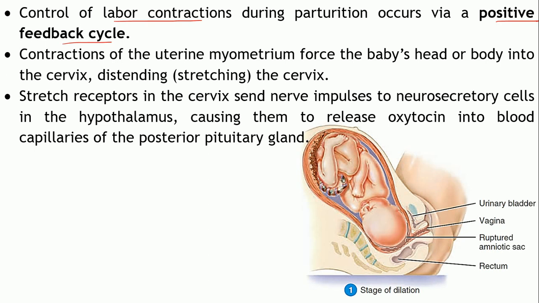We have always seen a negative feedback cycle, in which, supposing certain hormonal levels are high, what happens? It acts mainly on the hypothalamus to secrete less of the releasing hormone. This is just an example which I have taken up over here.